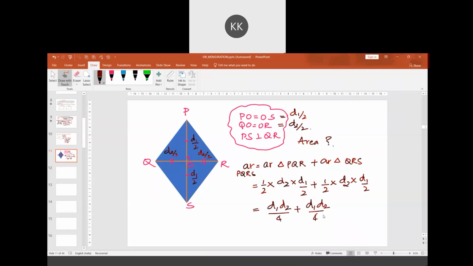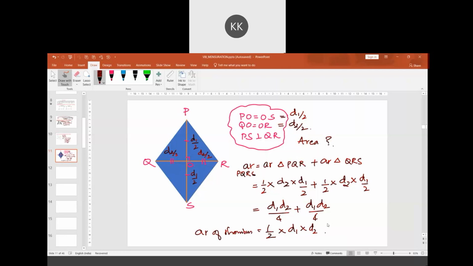When we add this, we get half into D1 into D2, taking 4 as the LCM. This is the new formula: area of rhombus equals half into product of the diagonals.